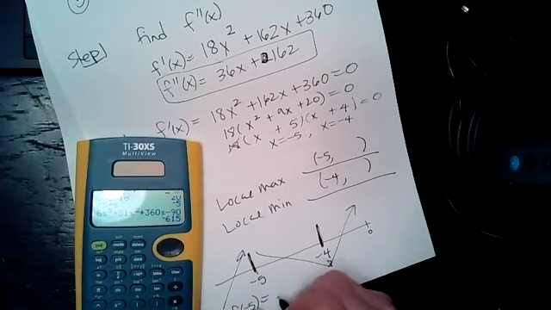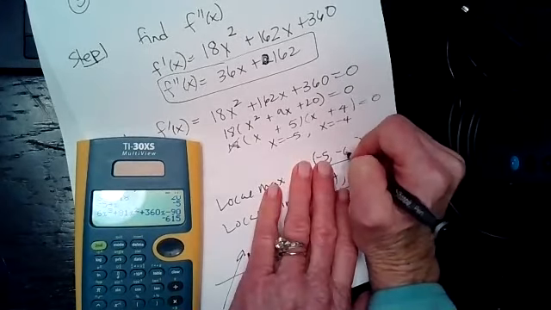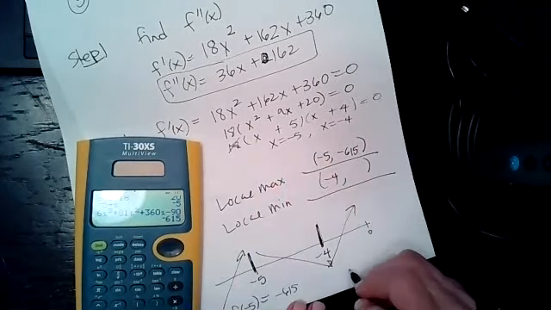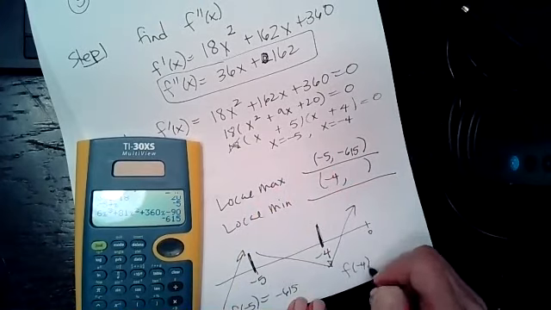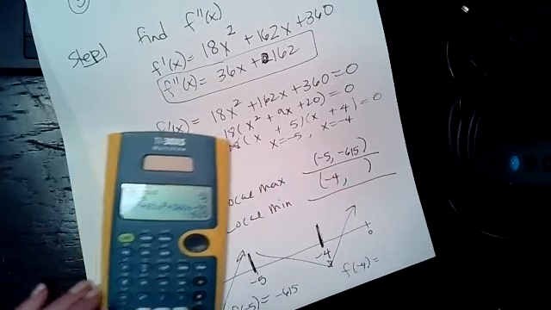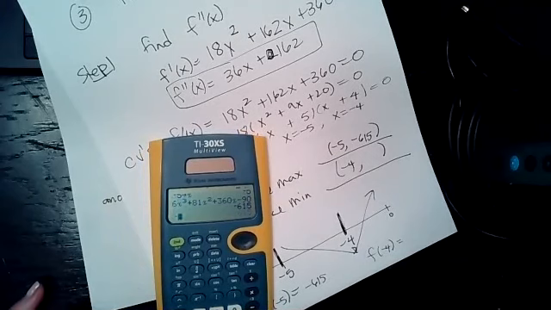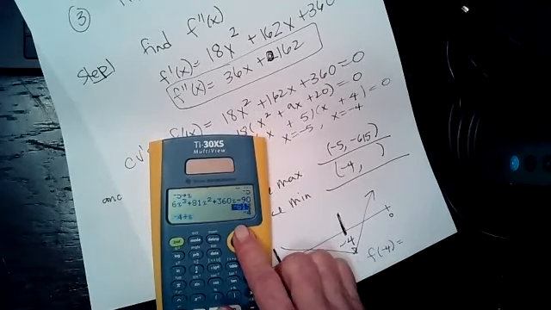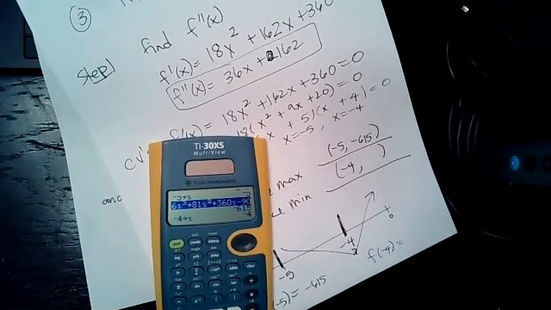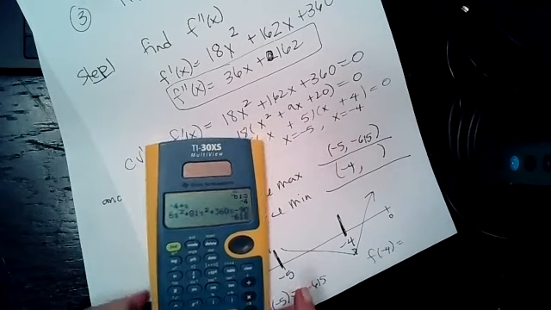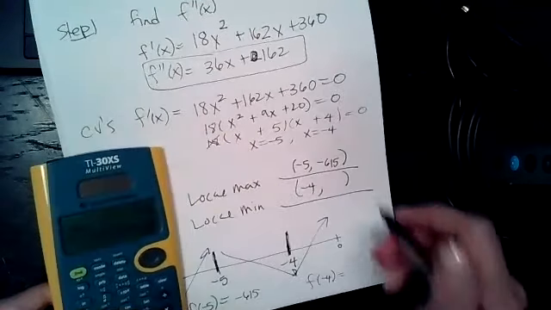And then I get negative 615. So that's my y. And then I find f of negative 4 for my local min. So I just go to my calculator and I do negative 4, store for x and enter. And I plug it into my original function, plus 81 plus 360x minus 90. I get negative 618.